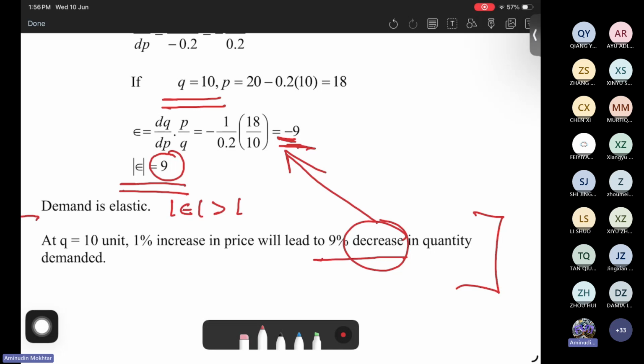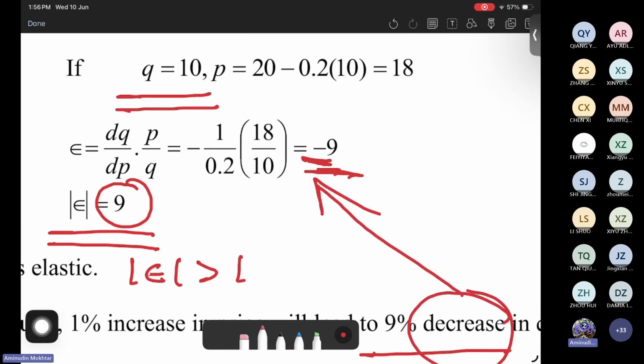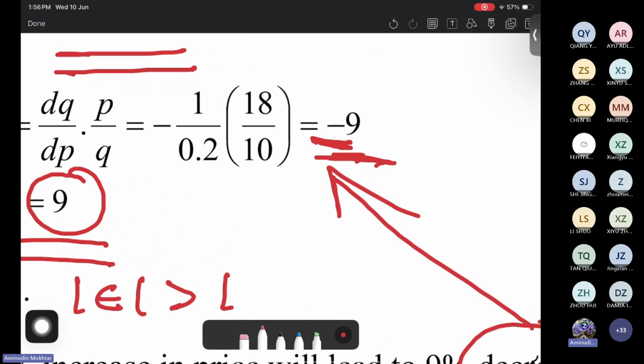That's how to interpret the elasticity: the change in price subject to the change in quantity demanded. So in terms of the value of the elasticity, please remember the negative sign shows the inverse relationship between P and Q. If price increases, demand will decrease, and so on.